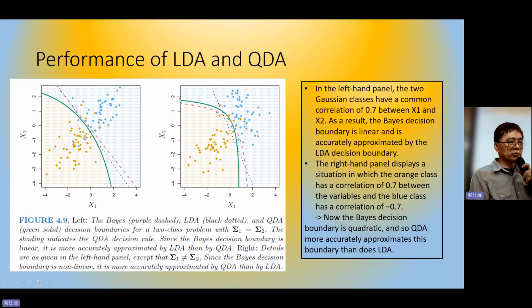Here is a comparison of the performance of LDA and QDA. If you look at the chart here, Figure 4.9, we have a Bayes decision boundary, the purple line.